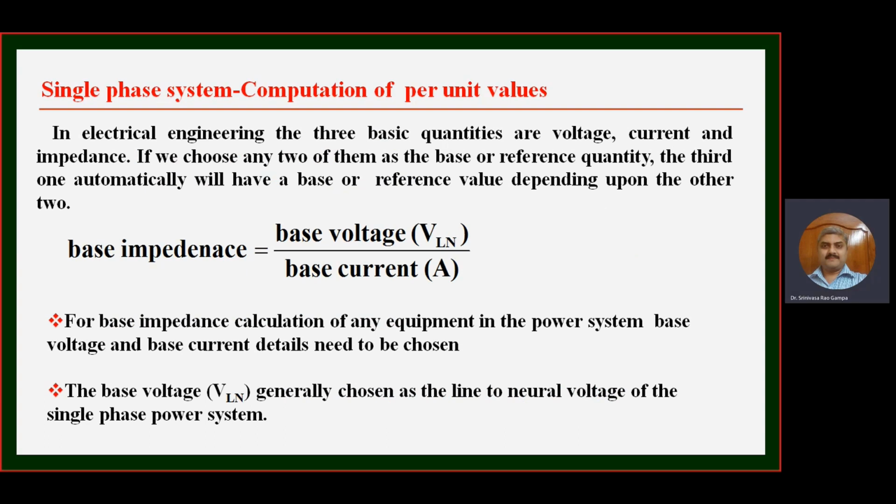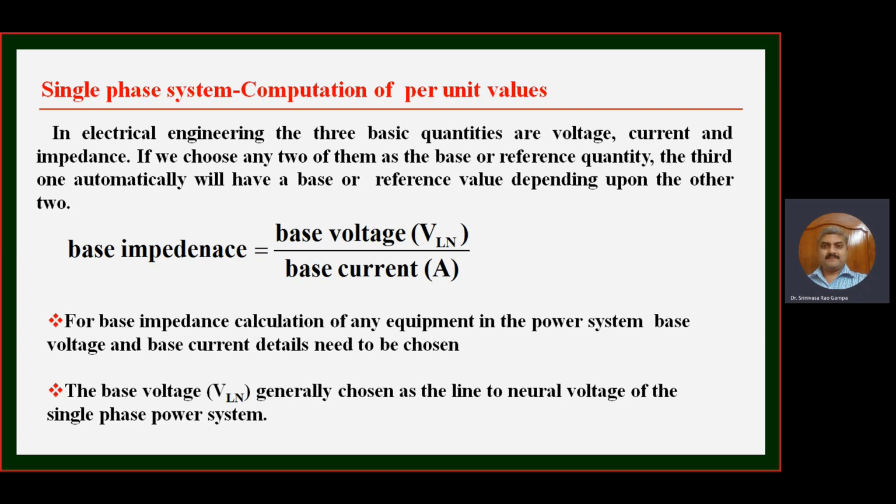In electrical engineering, the three basic quantities are voltage, current, and impedance. If you choose any two of them as the base or reference quantity, the third one automatically has a base or reference value depending upon the other two. So base impedance is equal to base voltage by base current. For a single phase system, we consider the base voltage as the line to neutral voltage.